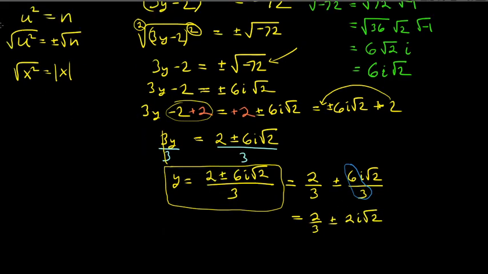You see that? So you might think, well, didn't we have that already? No, what we had was this: 2 plus or minus 2i square root of 2. So in fact, you could say that this 2 was correct, but then this 2 would have been wrong because it's 2/3, not 2.